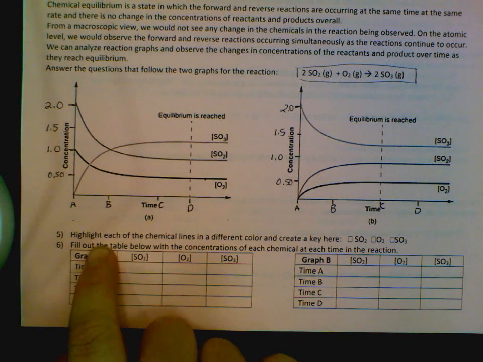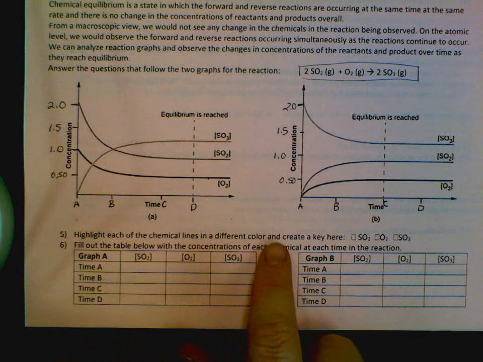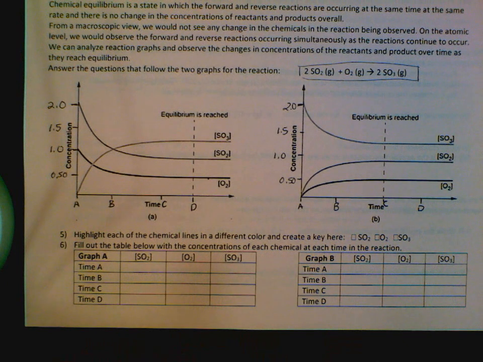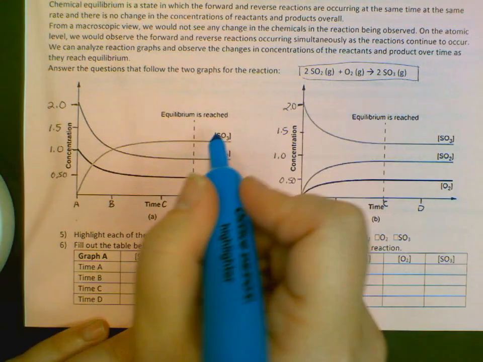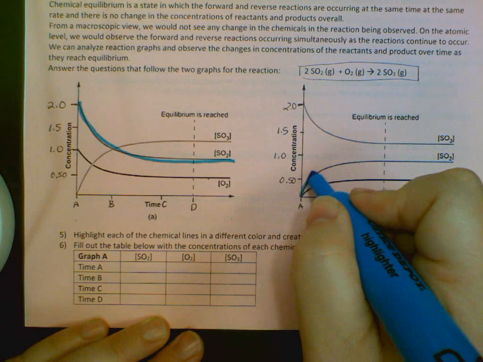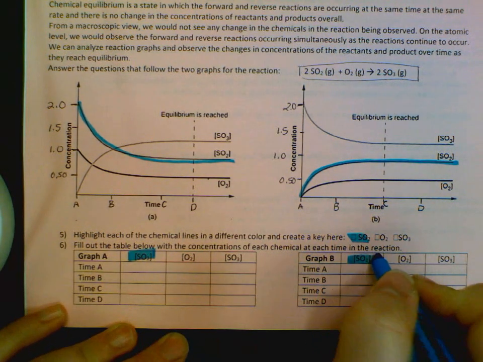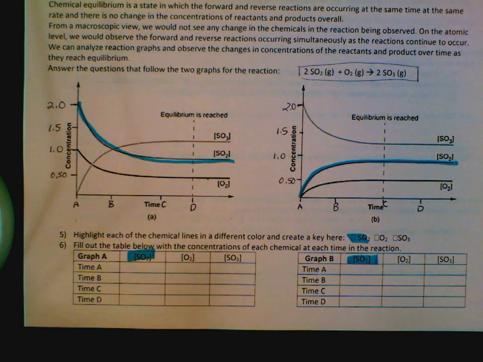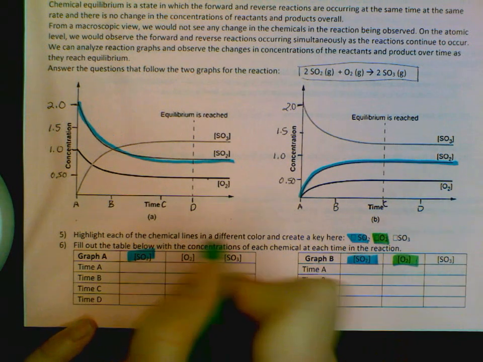It says number 5 down here. First thing we're going to do is highlight each of the chemical lines in a different color and create a key here. So we've got our SO2. I'm going to do that in blue. So all of my SO2 lines I'm going to do in blue. And then I'm also going to go ahead and highlight this so it's easy to find. And then I'll do green for oxygen.